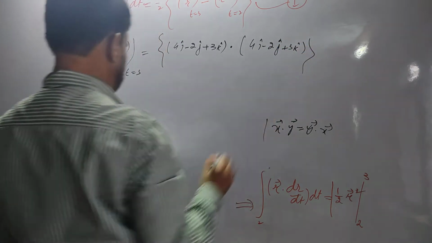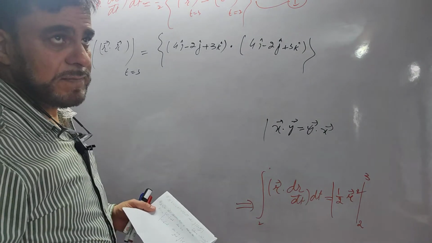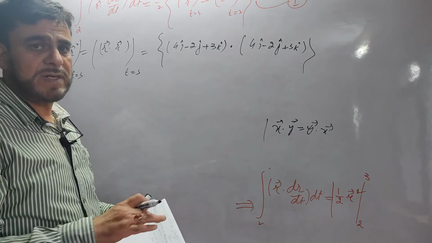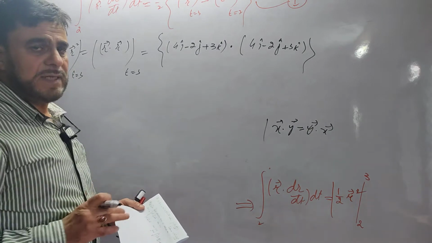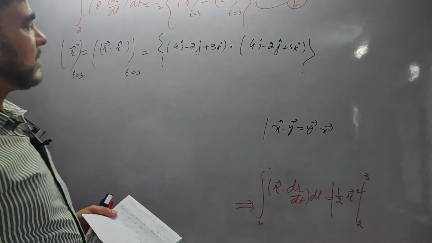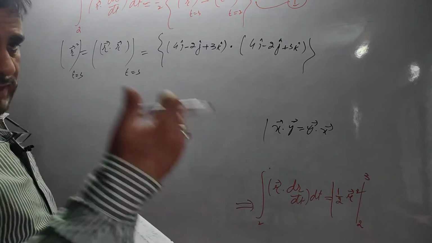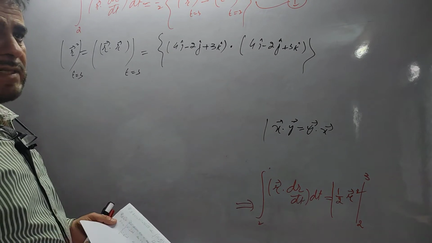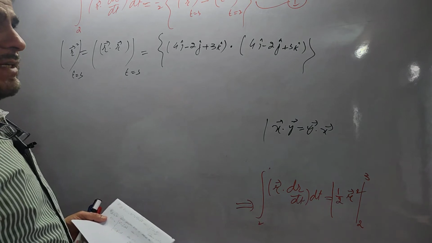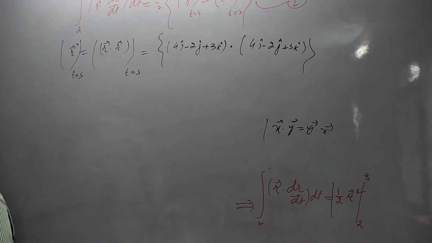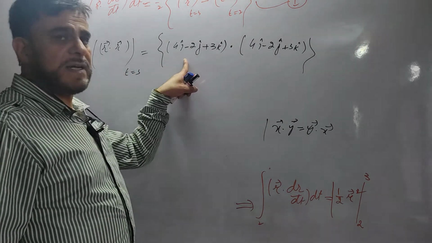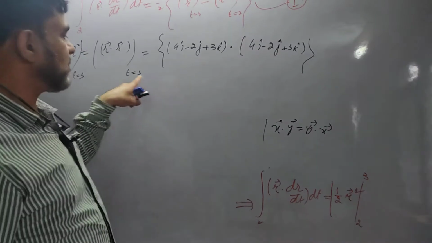We have defined the problem at 2 points: at t equal to 3 what it is, and at t equal to 2 what it is. I have deliberately tackled this problem, because sometimes you get problems like this, when r is a function of t and r is defined in 2 ways or 3 ways if you have to find more than one definite integral. In any way, I have used this value of r because it is defined at t equal to 3.